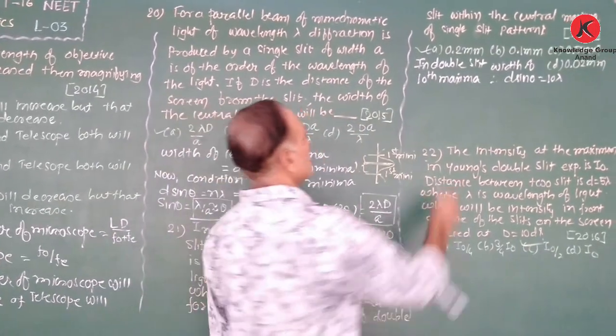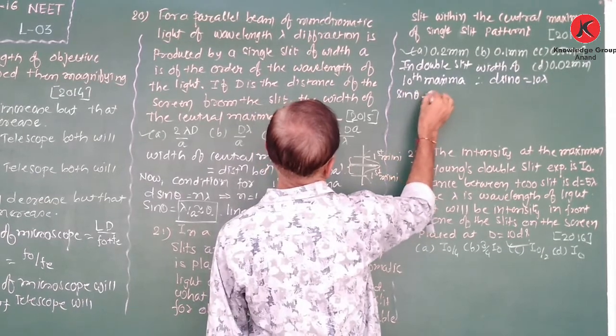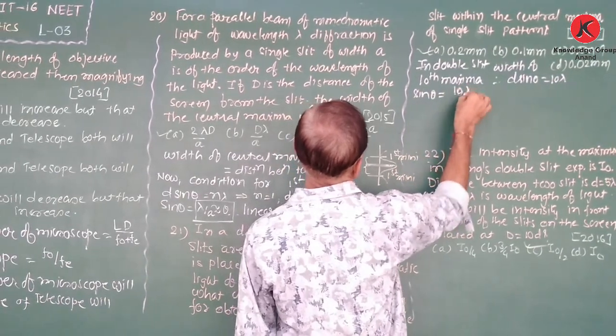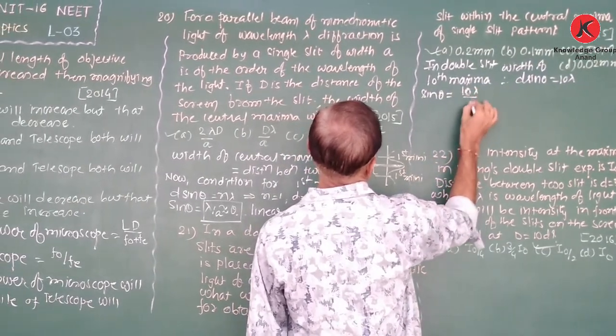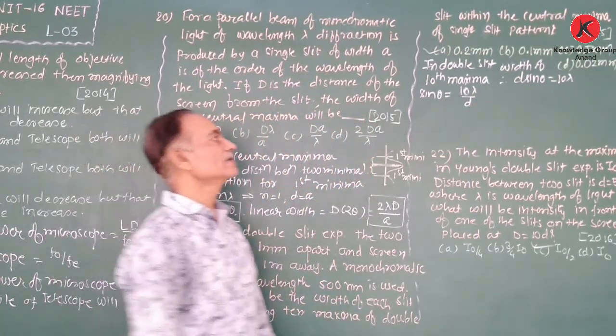Therefore, sin theta is equal to 10 lambda upon d. Clear?